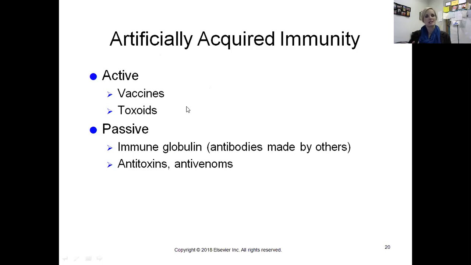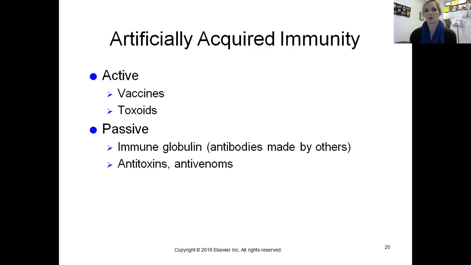A vaccine is typically a weakened or a killed off version of a virus or pathogen of some sort, like the flu vaccine is a killed off version of the flu, but it is the flu. So when you're injected with a flu vaccine, you are given the flu. Again, it's not going to cause an infection because it is weakened, or a killed off version of it, but it still is introducing the flu to our body so that our body can create its own antibodies in response to that. It knows exactly what it looks like.